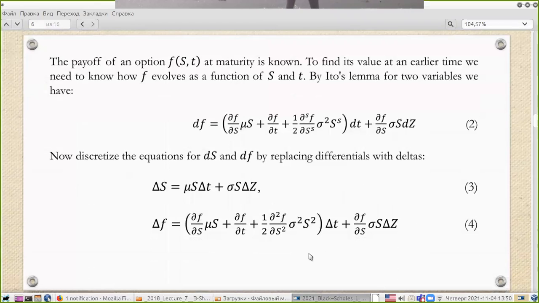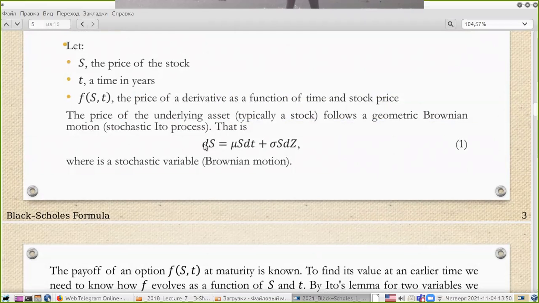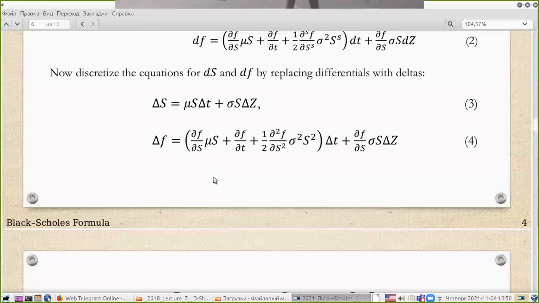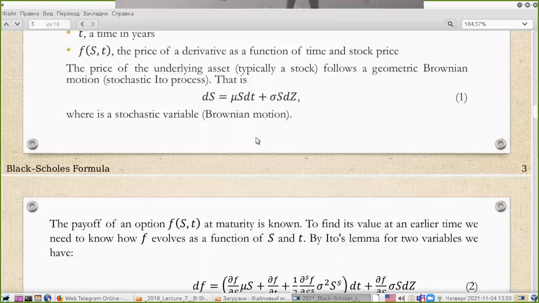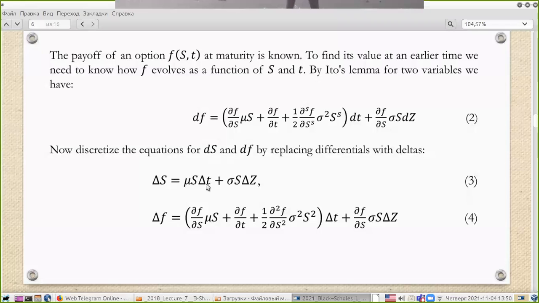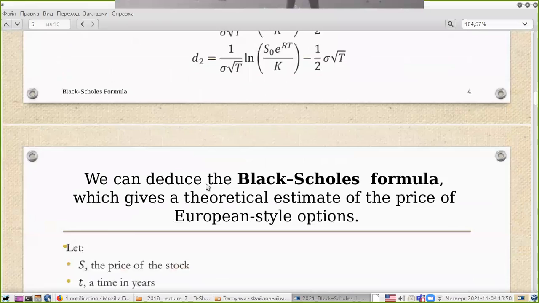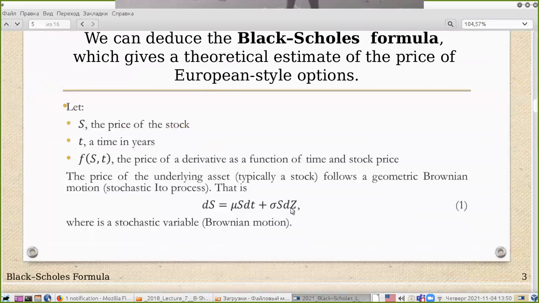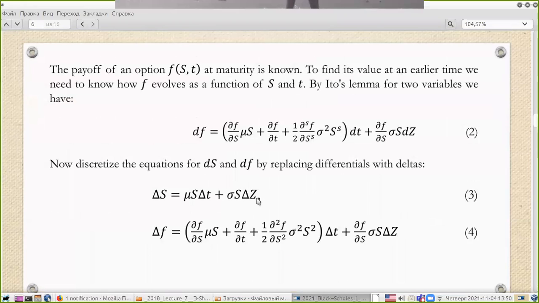After that, we would like to discretize the equations for S. So equation 1 we rewrite, and instead of ds we write delta S, and instead of dt we write delta t, and instead of dz we write delta z.